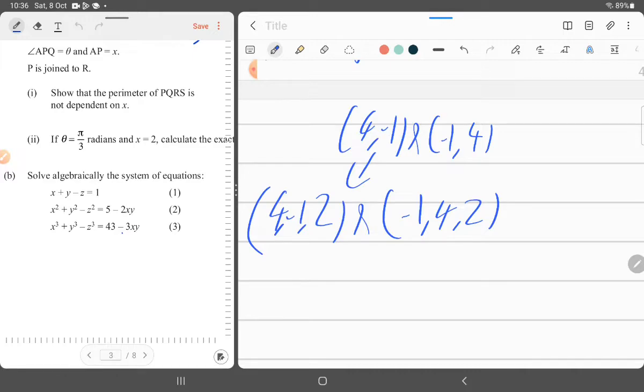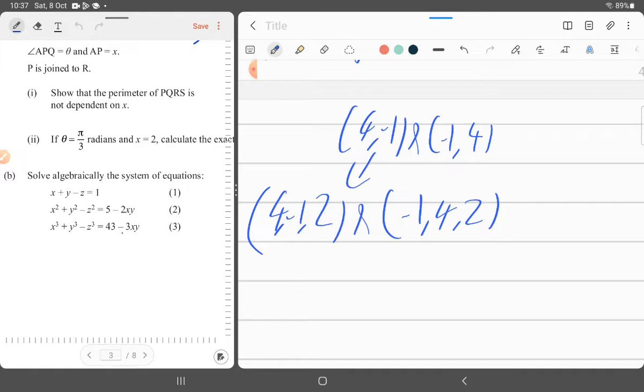Just test this out on my calculator. X equal to 4. Oh no. 4 for x, -1 for y, 2 for z. X plus y take away z equals 1.